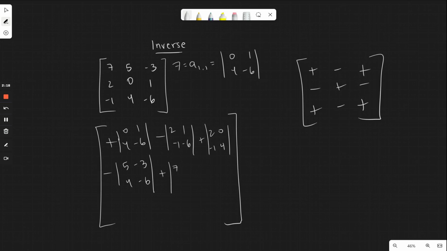And this is 7, -3, -1, -6, and so on for the remaining entries: 5, -1, 4; 5, -3, 0, 1; 7, -3, 2, 1. Yes, I know this is a little tedious, but really, once you get the hang of it, it doesn't take that long. So here we have it.